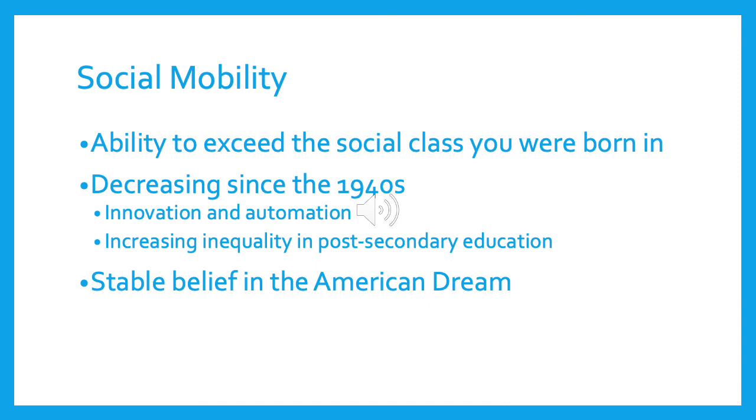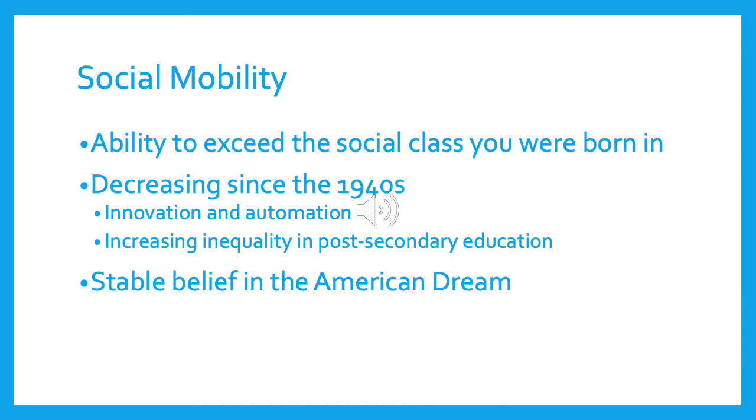But also, as we saw in the previous chart, whether you go to college or not largely depends on how much money your parents have. So we're seeing increasing inequality in post-secondary education. However, what we're not seeing is a change in how people feel about this ideal of social mobility.